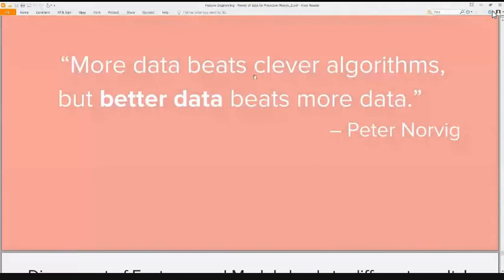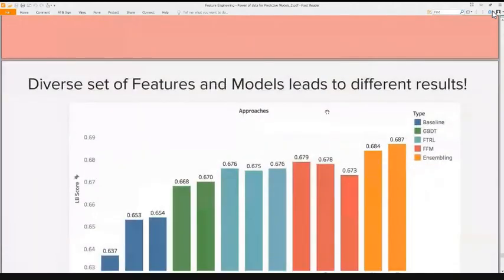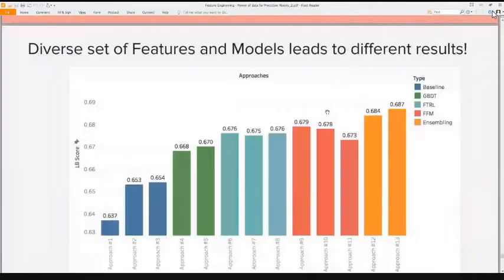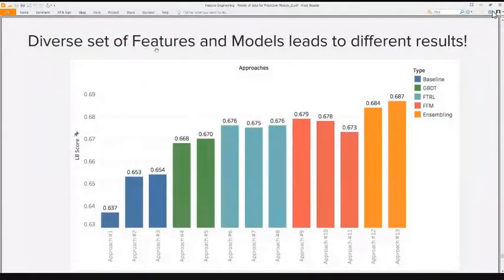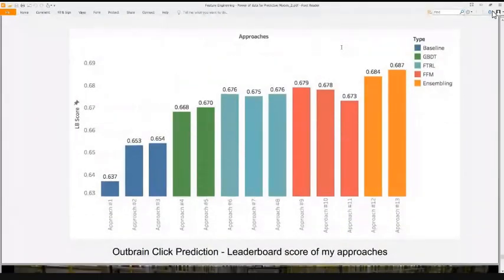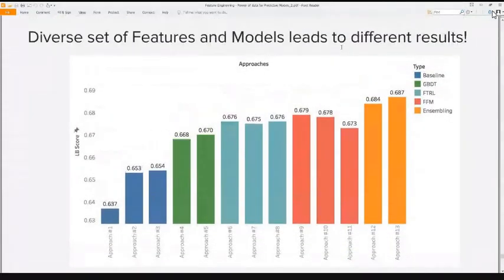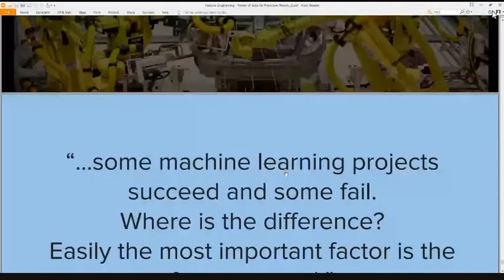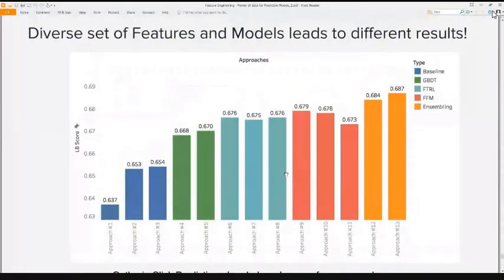And more data beats clever algorithms, but better data beats more data. That's the rule for feature engineering. A diverse set of features and models lead to different results. Baseline. So what you can do, two approaches.